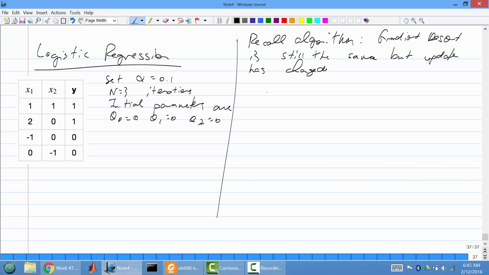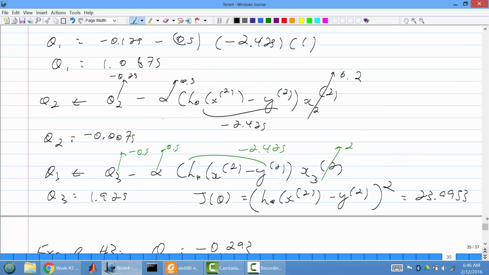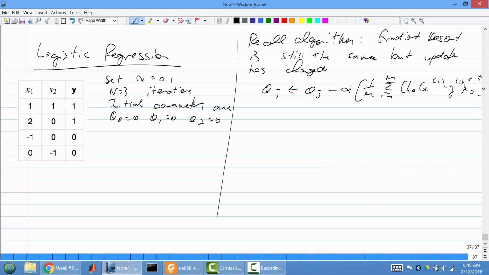And specifically, this cosmetically looks the same as what you have seen in linear regression. Sorry, let me rewrite this.